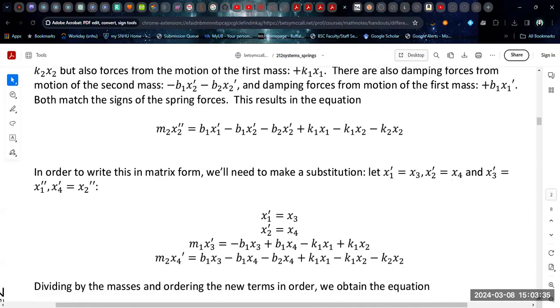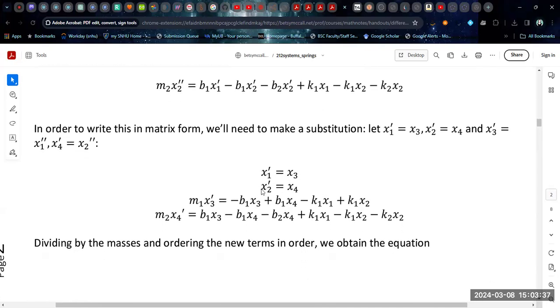And so we start solving our 2 substitutions, and then on this side of the equation, we replace x1 double prime with x3 prime, and we replace x2 double prime with x4 prime. And then the rest of these equations also get these two variables swapped out.